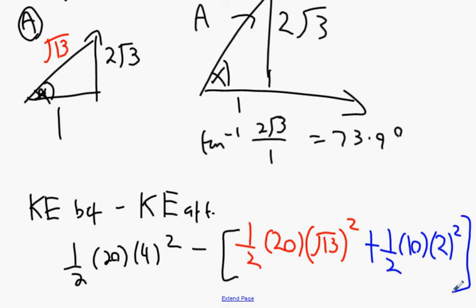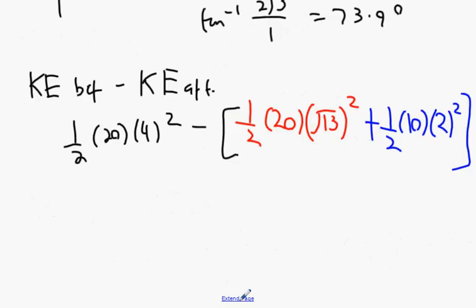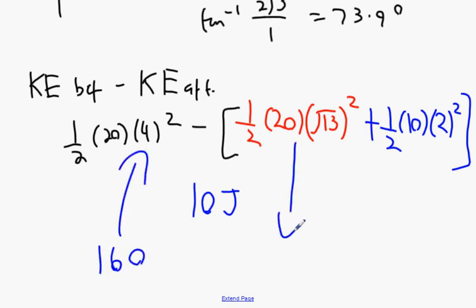So everything, kinetic energy before minus everything from the kinetic energy afterwards, and that will give you 10 joules. Or if you want the breakdown, it's 160 for that, 130 for that, and 20 for that. Gives you 10 joules. Everybody happy enough with that? Okay.